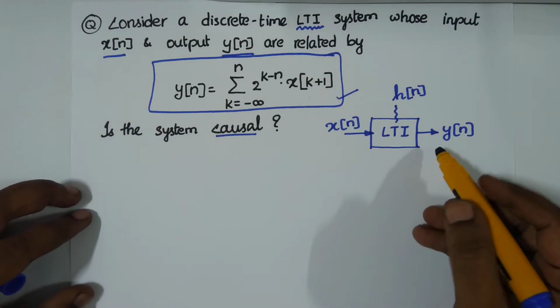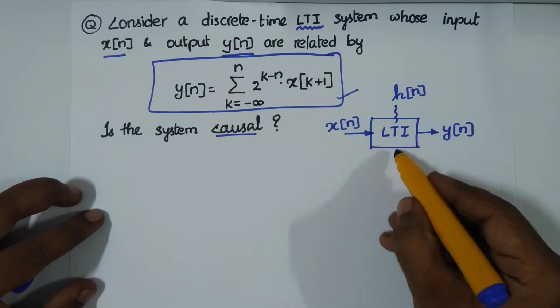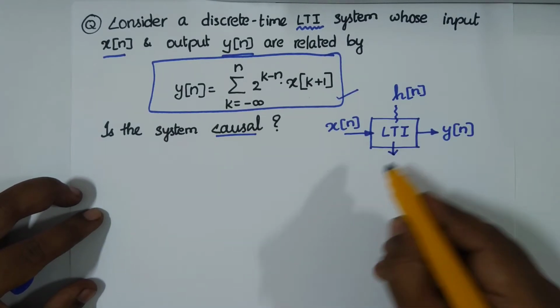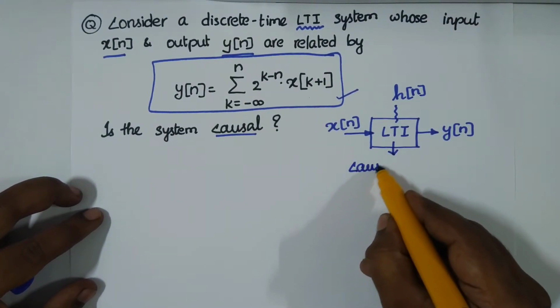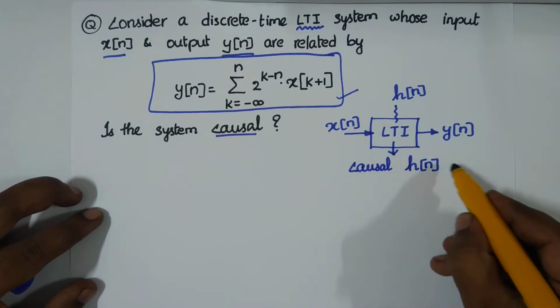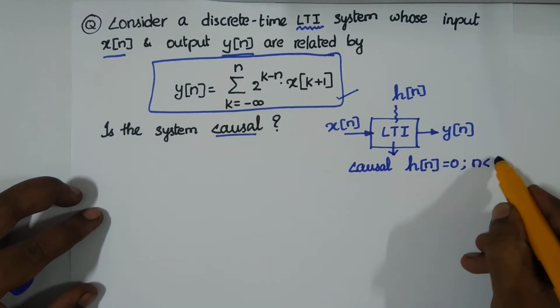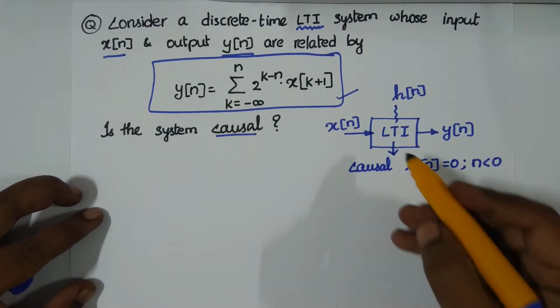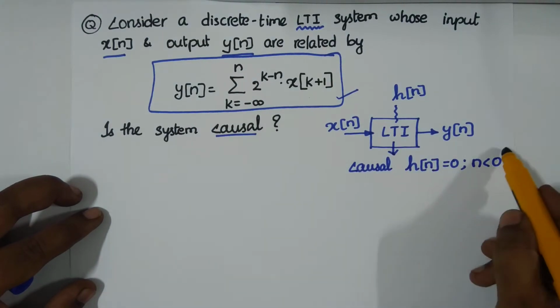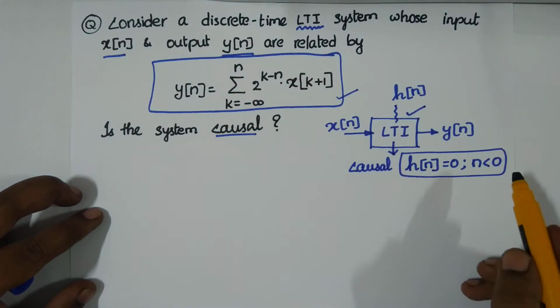We know that a linear time invariant system is causal if its impulse response, or unit sample response, is 0 for n less than 0. So if h of n satisfies this condition, then we can say this LTI system is causal.